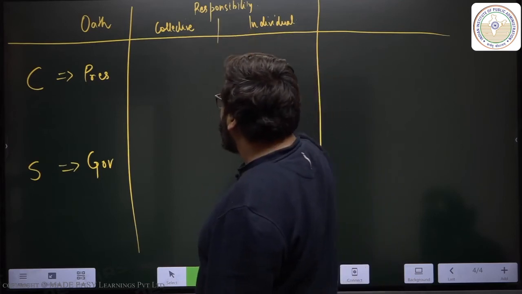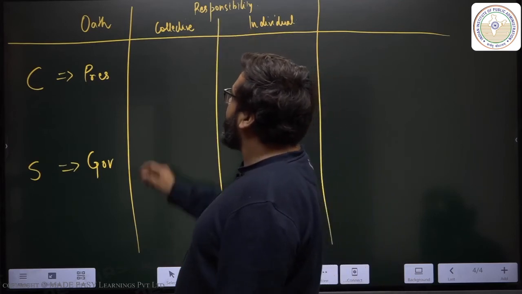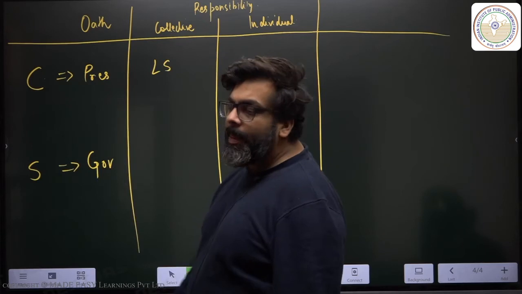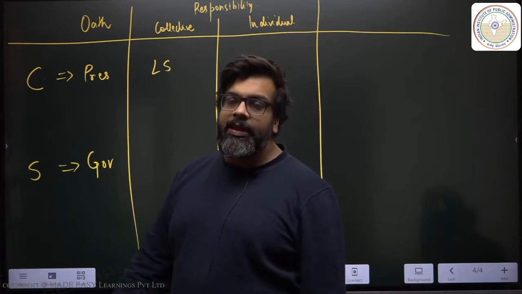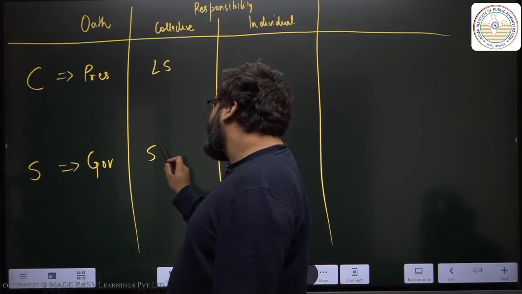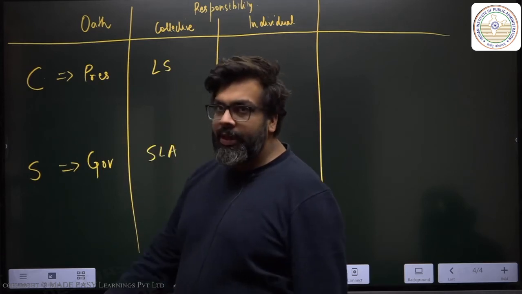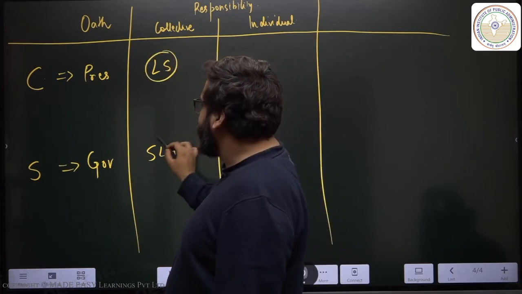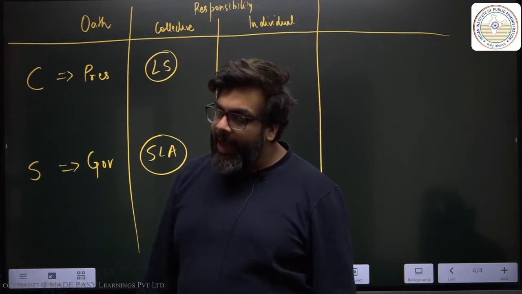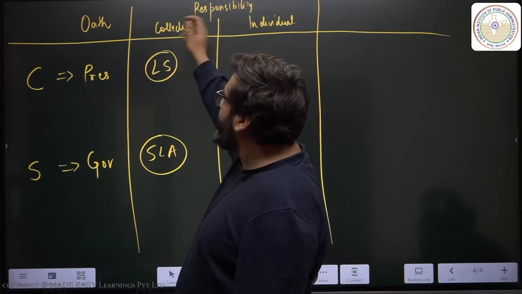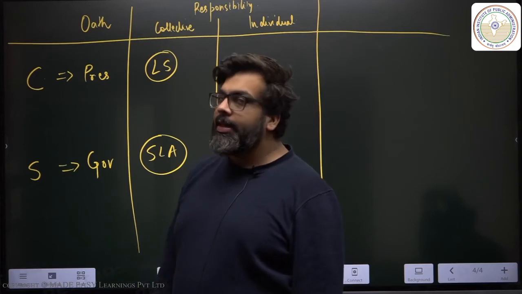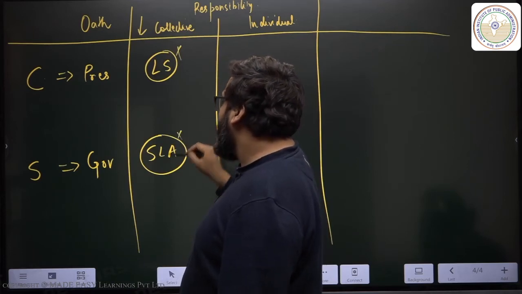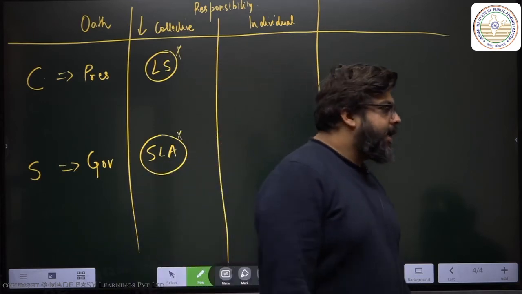So, as far as collective responsibility is concerned, the collective responsibility of the central ministers is through the Lok Sabha, and the collective responsibility of the state ministers are at the state legislative assembly, which means that a motion of no confidence can be introduced in either of the two houses to remove the entire ministry, and that happens, then the government falls and the houses are dissolved and a fresh set of elections can happen.